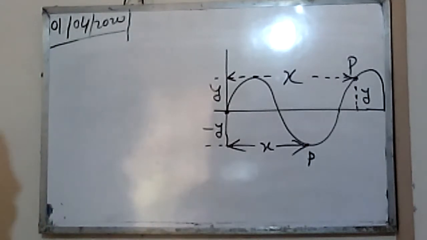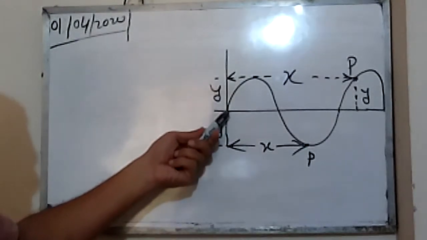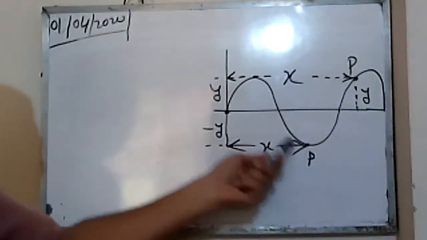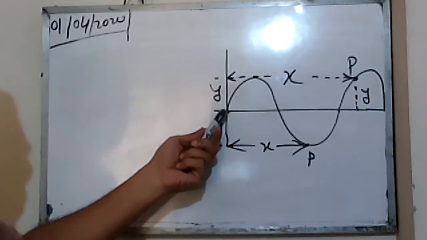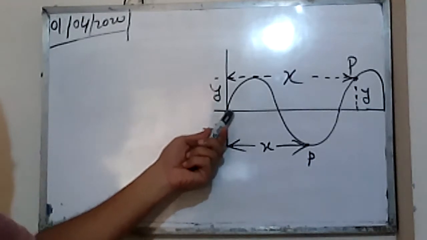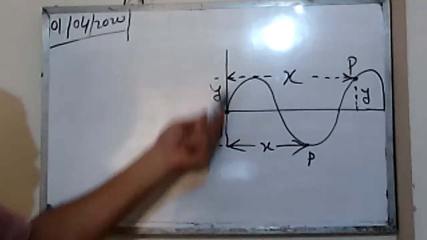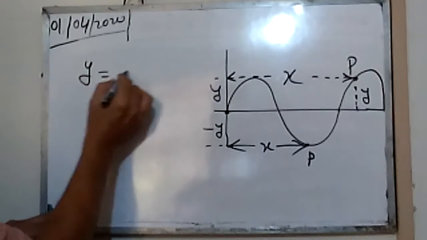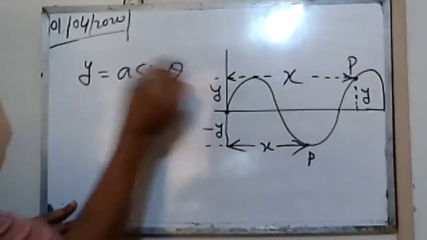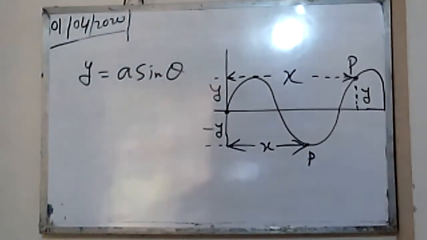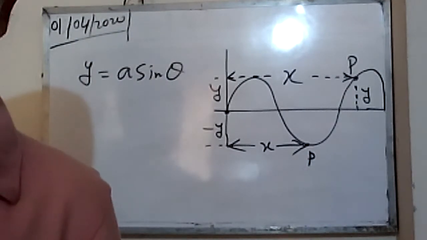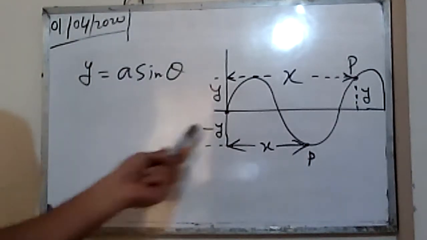This is the first particle, and the other particles. The equation of the first particle for displacing to and fro or up and down is y equal to a sine theta. Y equal to a sine theta is the displacement equation of the first particle.